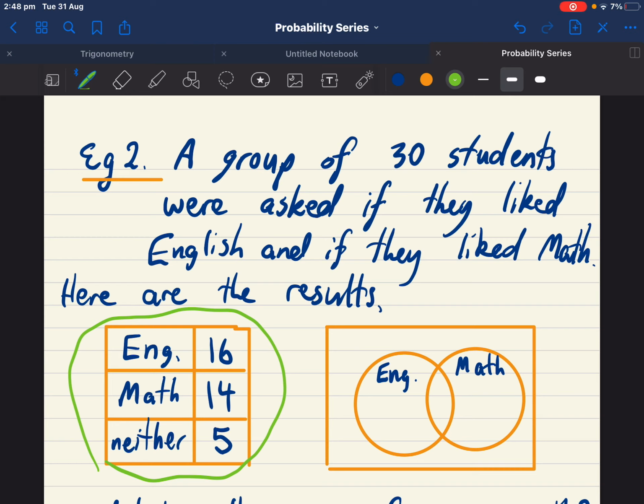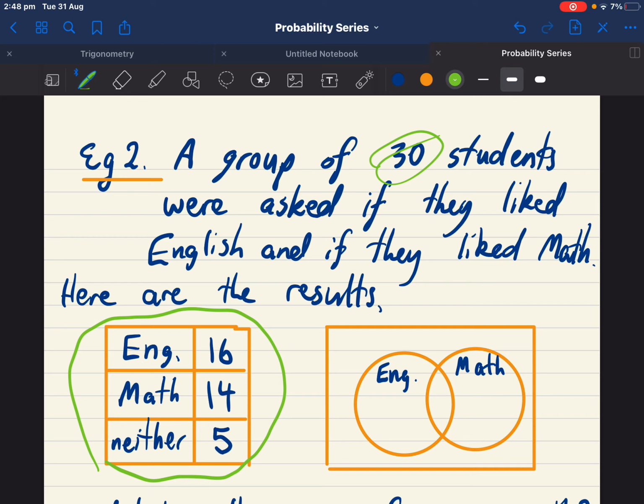All right, but let's have a go at it anyway. We've got 30 students in total. The easiest number to place is the people that don't belong to either the English or the math set, right? There were 5 students. We had 30 in total, but 5 of them said they didn't like either. So where do we put them in our Venn diagram?